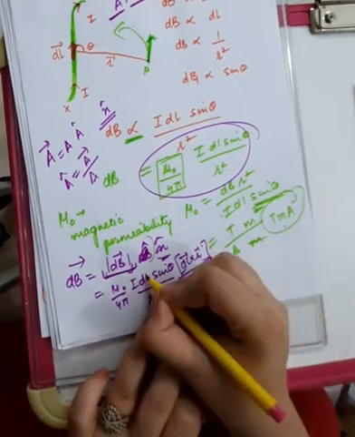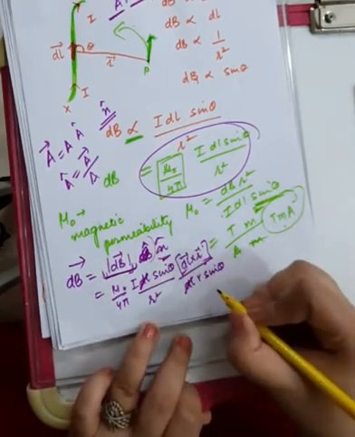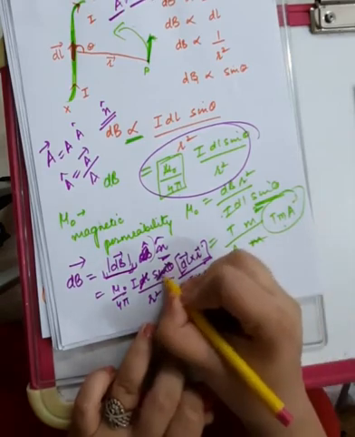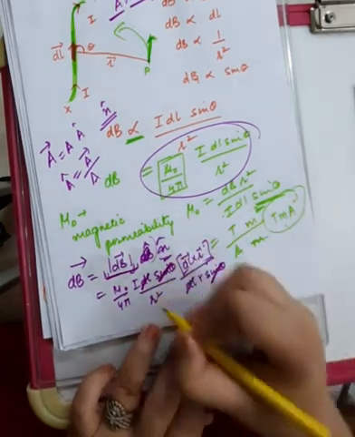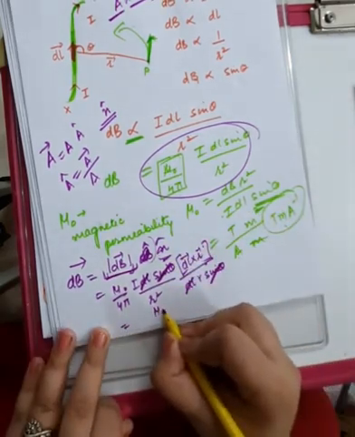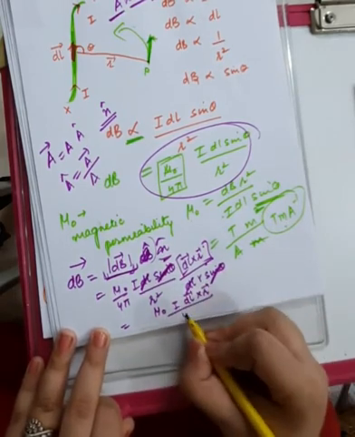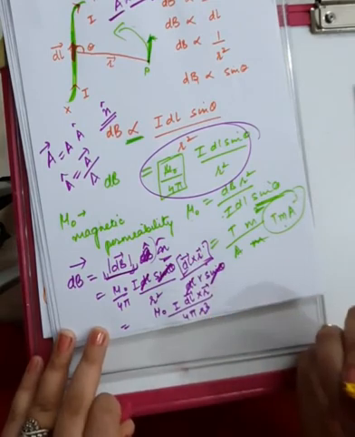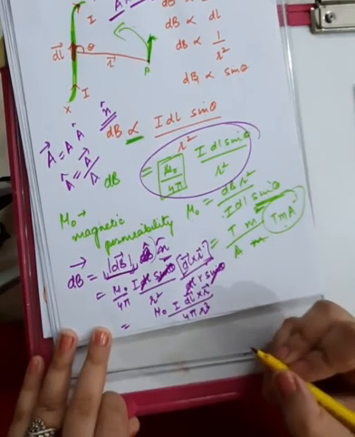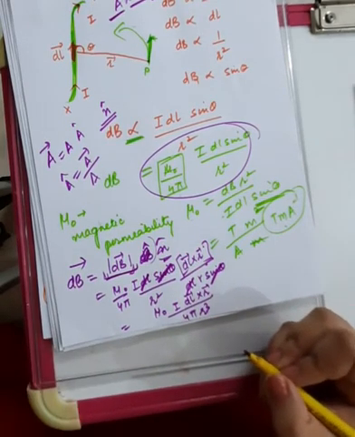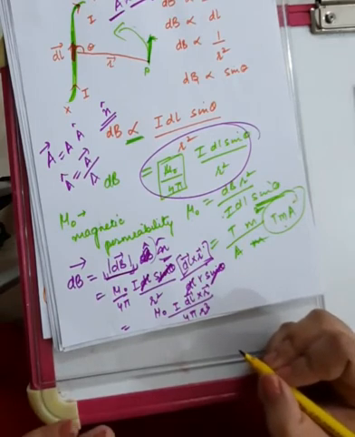Now dl will be cancelled with dl, and sin theta will be cancelled with sin theta, and what you will be left with is mu naught I dl vector cross r vector divided by 4 pi r cube. So this is nothing but Biot-Savart's law, including the direction of the magnetic field.